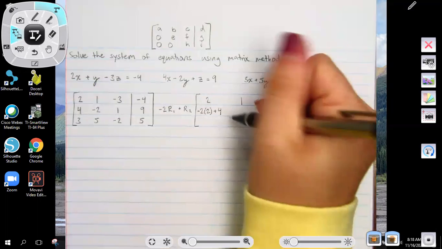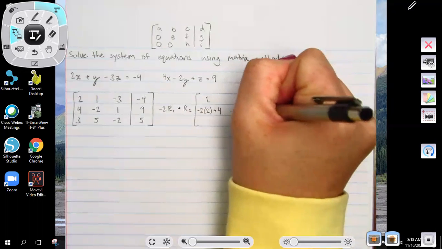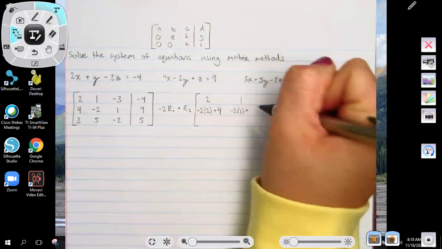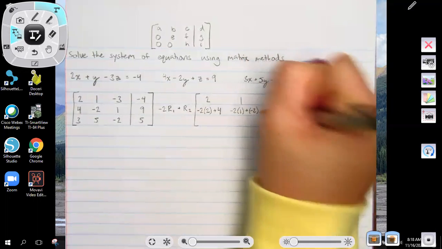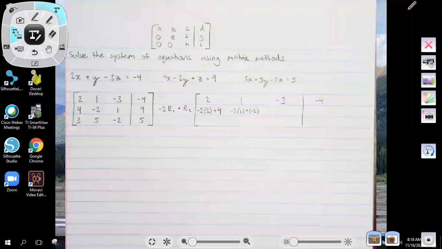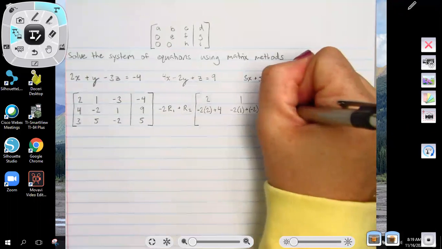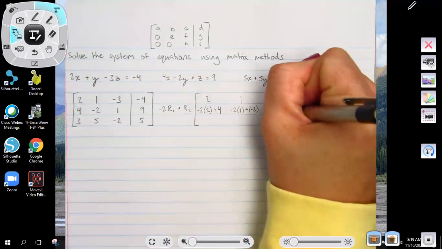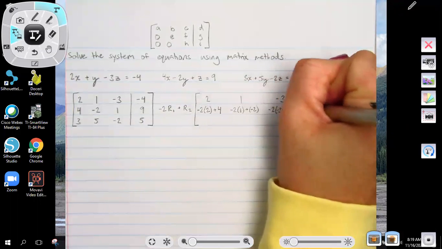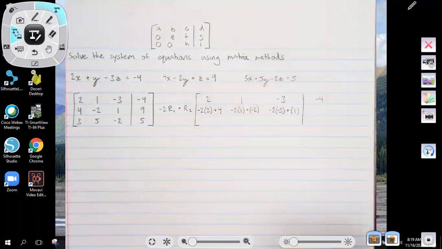Second spot, negative 2 times row 1, which would be 1, plus row 2, which is negative 2. Next one, negative 2 times row 1, which is negative 3, plus row 2, which is 1.